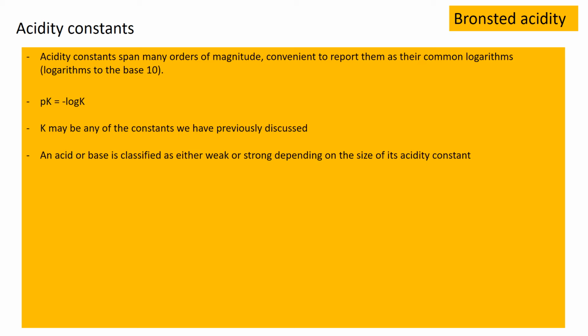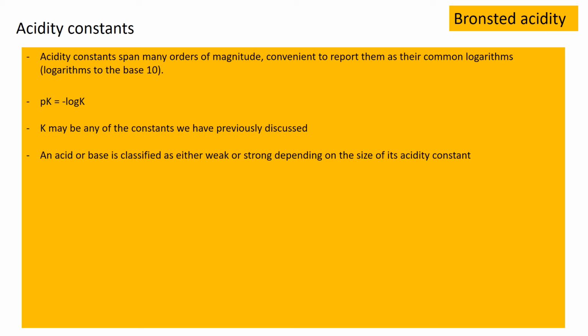Now, these acidity constants span many orders of magnitude. You'll notice in the last few slides, I've shown you some basicity constants that do span at least a few orders of magnitude. So it's far more convenient to report them as their common logarithms, or logarithms to the base 10.